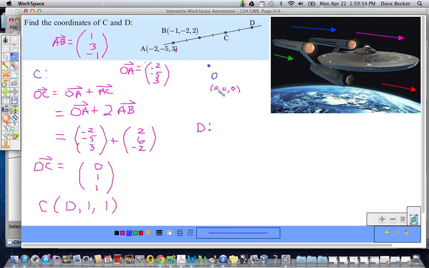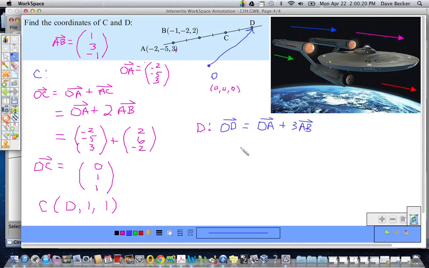Okay, and let's see, what can we do here? Well, let's again draw vector OD. Okay, and I think you will agree that vector OD is equivalent to vector OA plus 3AB. Well, we've got all this, don't we? We've got OA already. Where's OA?